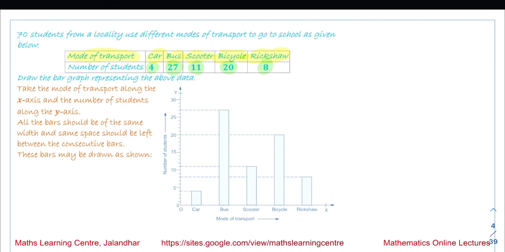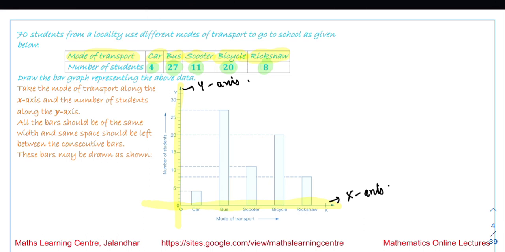To draw the bar graph, we take the mode of transport along the x-axis. On the graph paper we draw two perpendicular lines. This axis is the x-axis, and this axis is the y-axis.